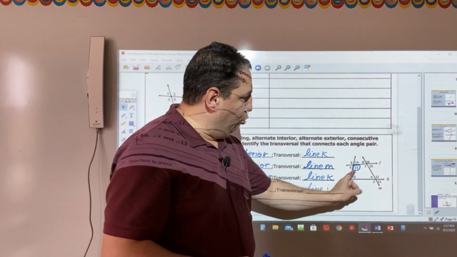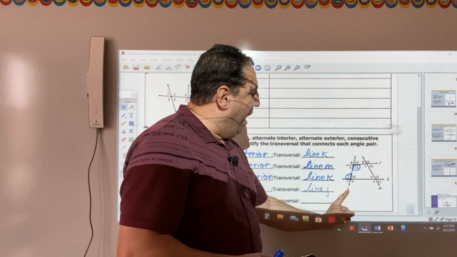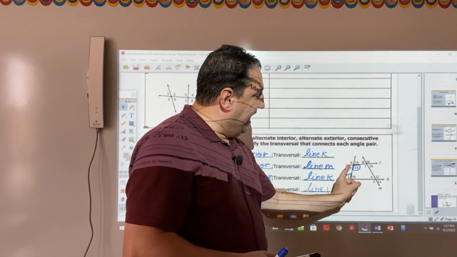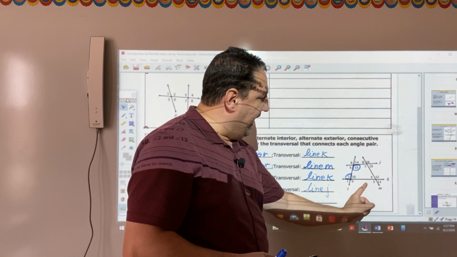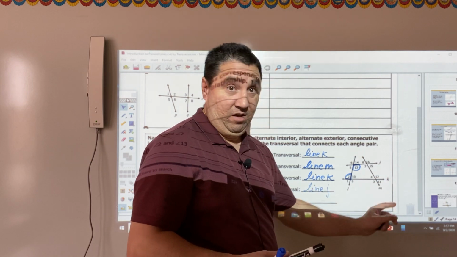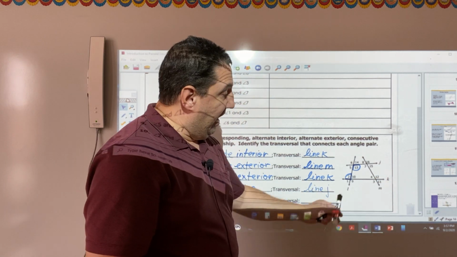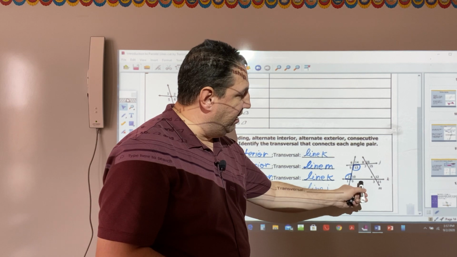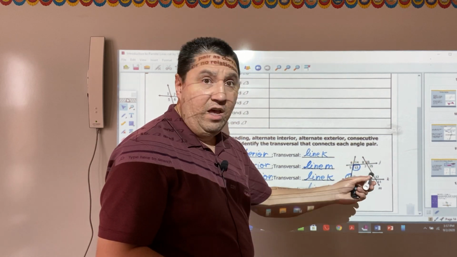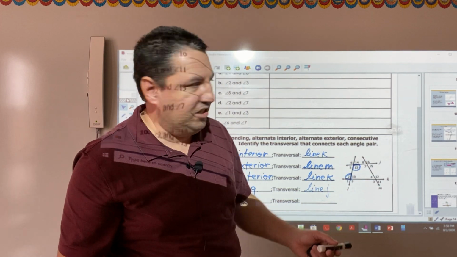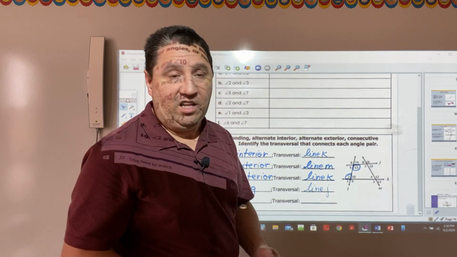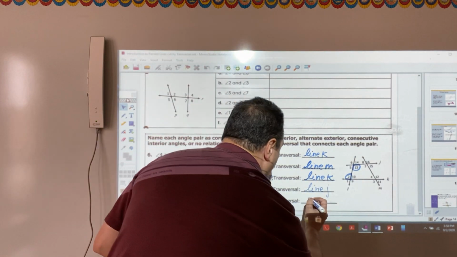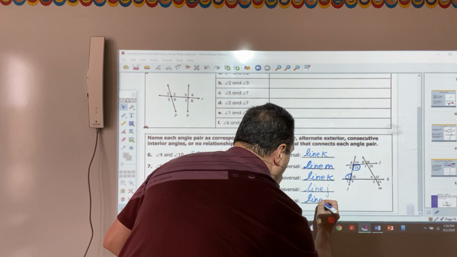Now, these two angles are formed when line L intersects lines K and J at two different points. So, line L is the transversal.